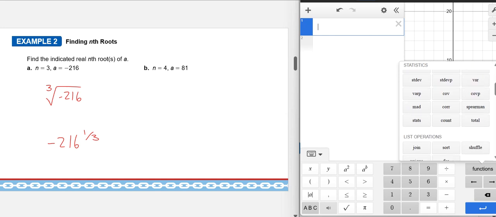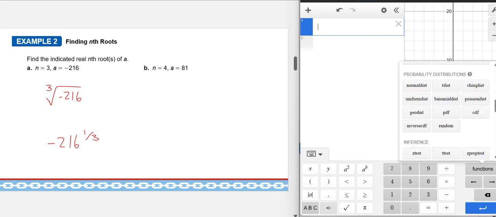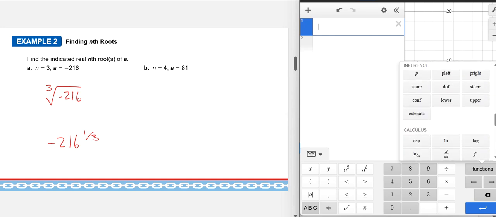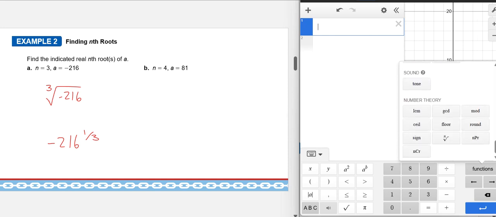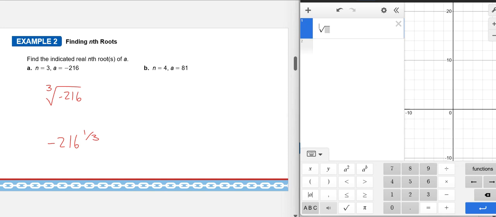If we scroll down on our Desmos all the way to the bottom to number theory, we see this nth root. That gives me a little flashing cursor to enter that n value. So I need 3, and then negative 216 as my a value. I get an answer of negative 6.